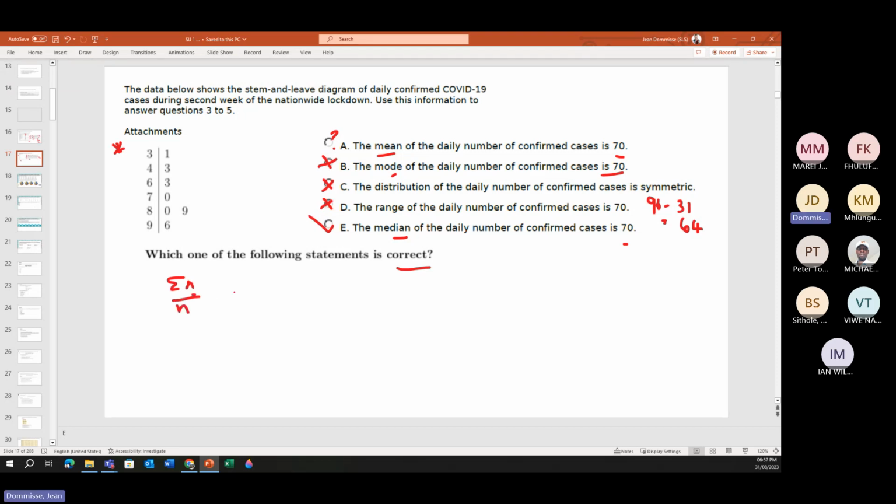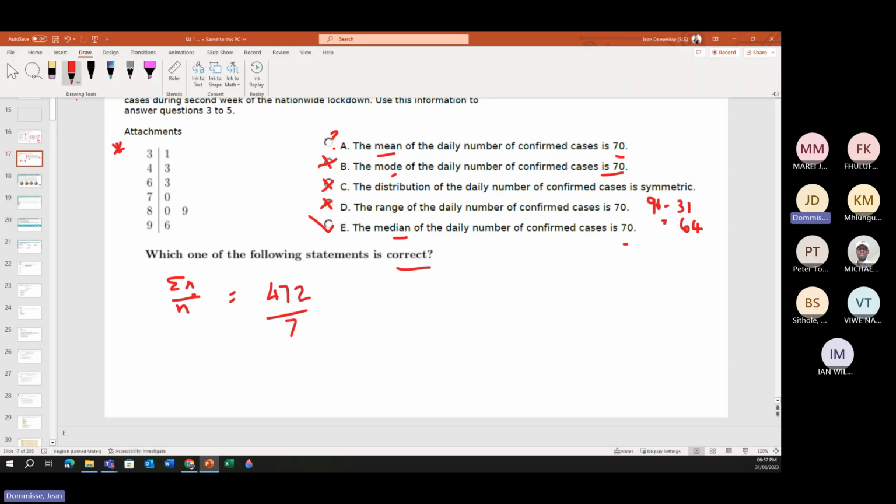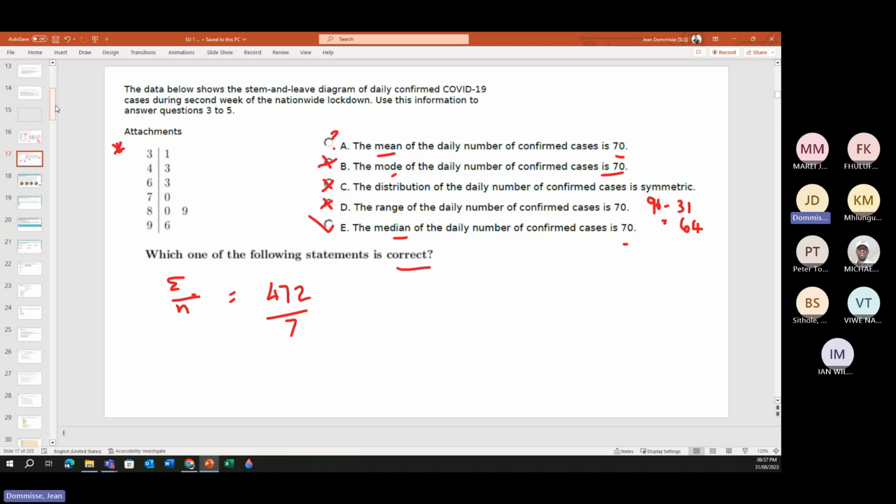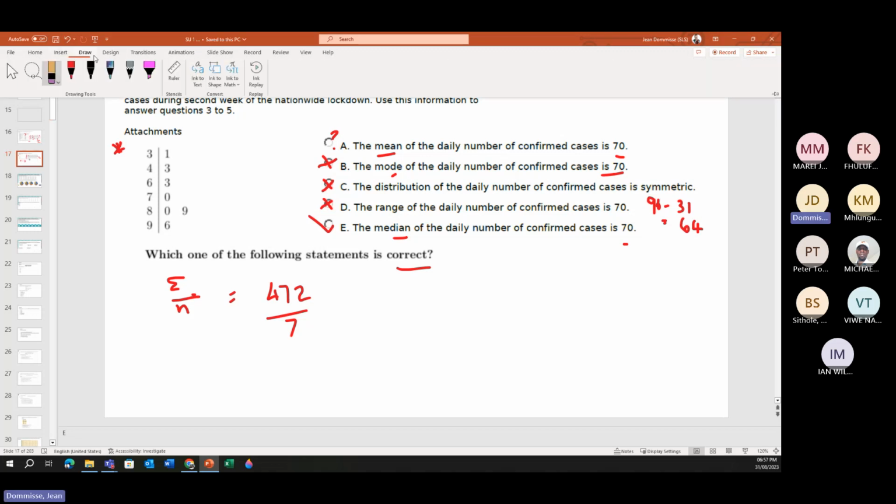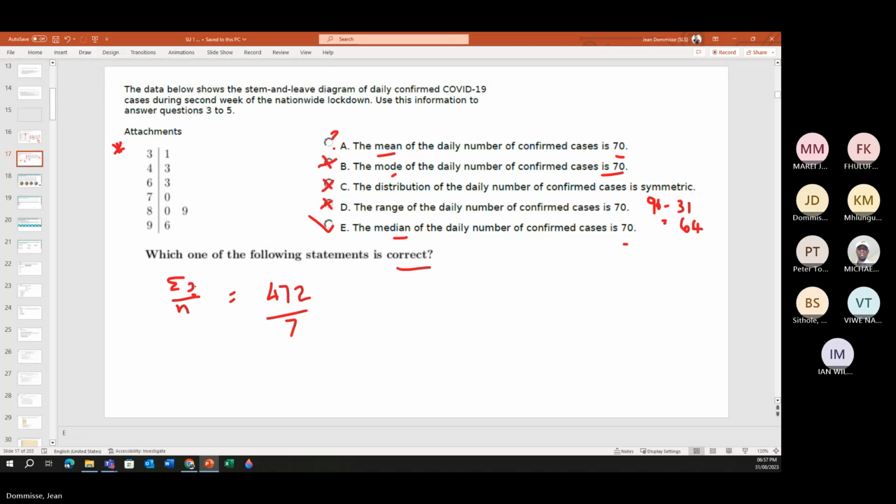Sorry, my formula is wrong there. I'll rewrite it now. So 472 divided by 7, it should be the sum of the x's. So the sum of the numbers is 472. There is 7 of them.